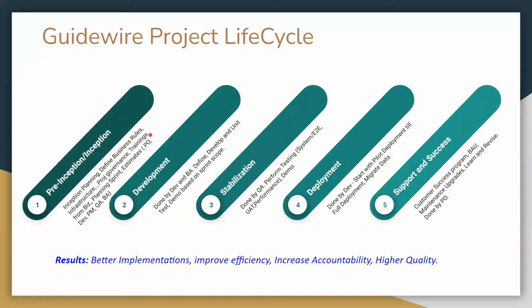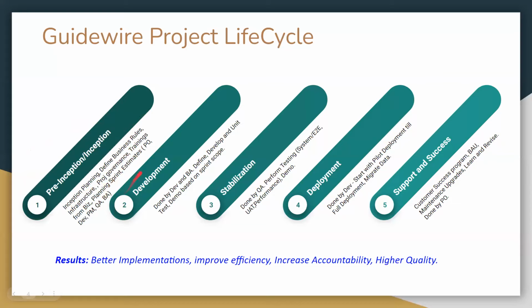Any training needed is given to all the resources, QA or developer, and they go through the trainings. Any certifications needed are done by the team. Everybody has to go through the documents and clear the certifications. And from the business point of view, they derive the planning level and sprint level estimations; everything is derived in the pre-inception and inception phase.